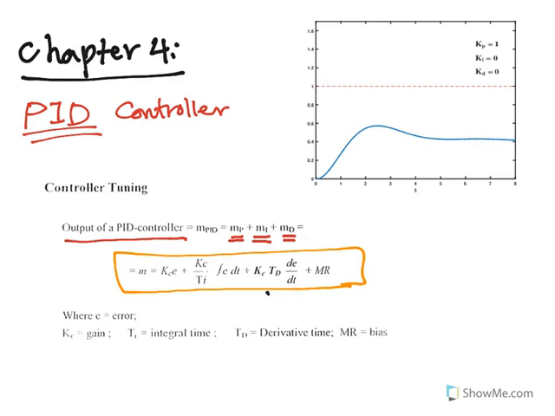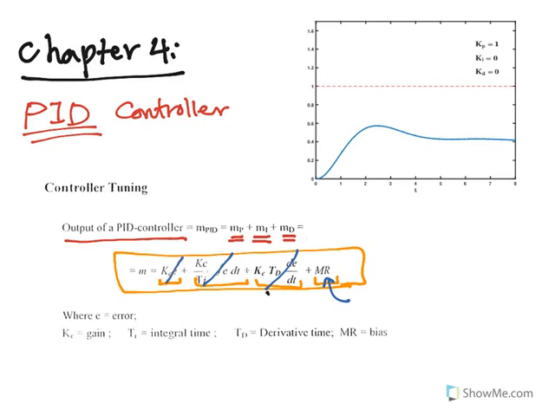It is very important, and as you can recall, this is the proportional part, and this is the integral part, and this is the derivative, while M_R is the bias. The bias here is when the error is zero, so the change in the error will be zero, this part will be zero, and then this part also will be zero.